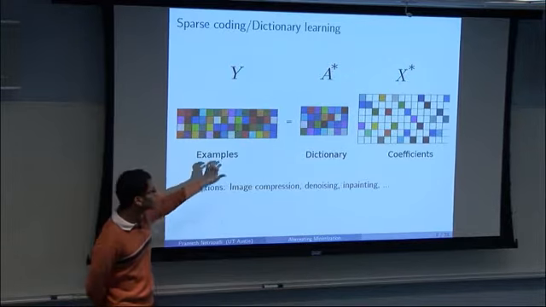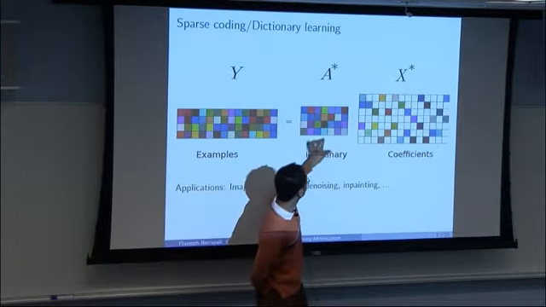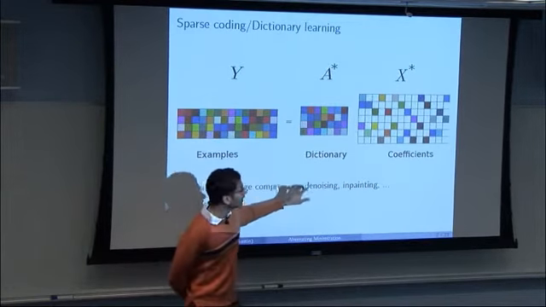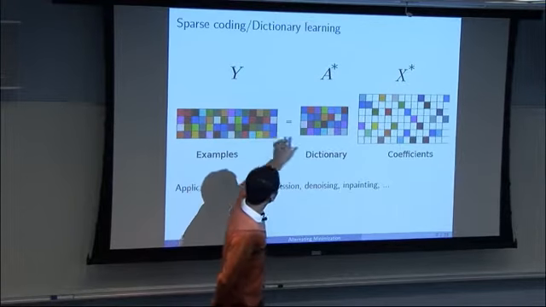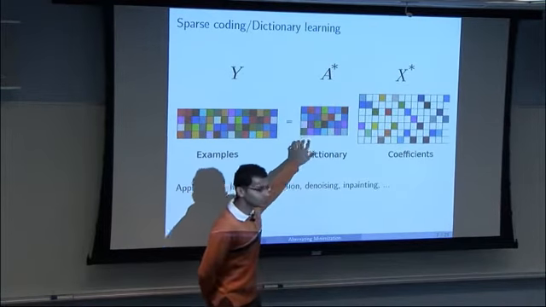Each column of A star is a dictionary element or a dictionary atom. And X star is called the coefficient matrix. The sparsity of each column of X star means that each example has a succinct representation as the linear combination of very few of these dictionary elements. In particular, the first example here is just a linear combination of three of these dictionary elements.